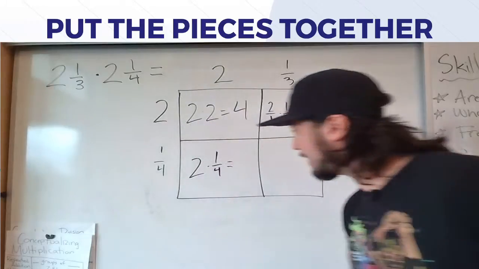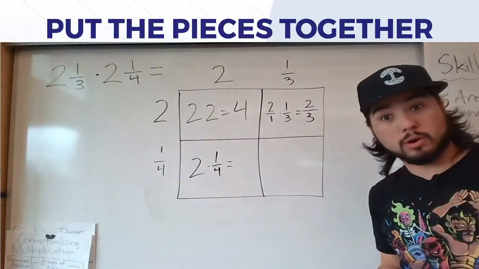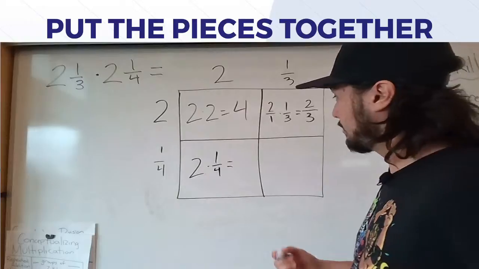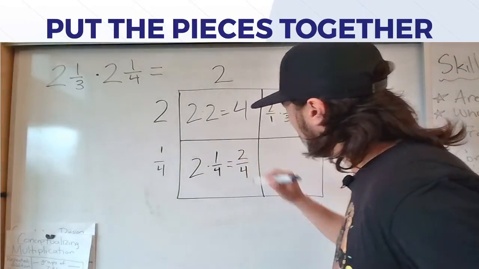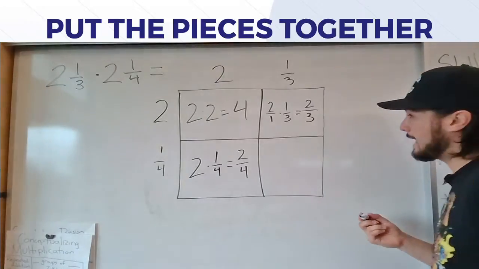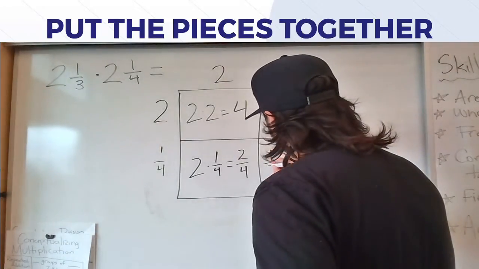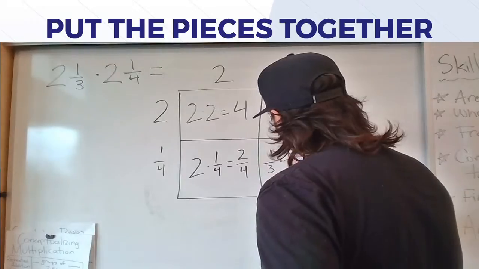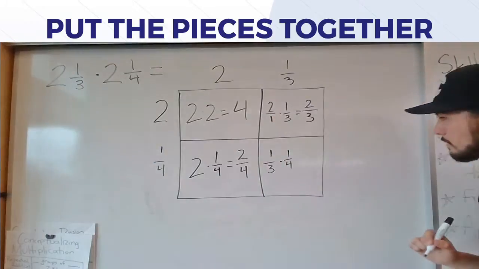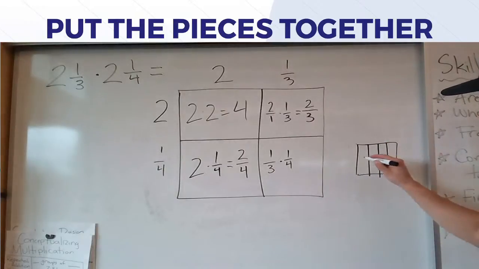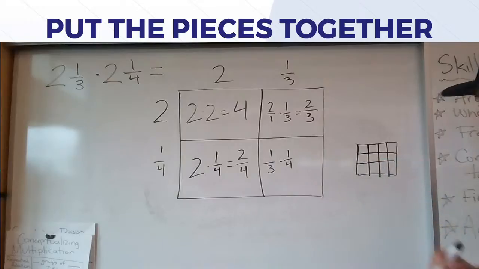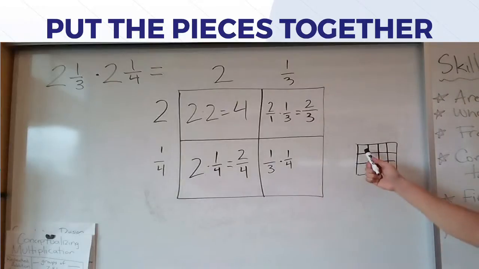Another way you can think about it is 1/4 plus 1/4, or 1/4 two times. 1/4 plus 1/4 is 2/4. And lastly, 1/3 times 1/4. This is where we're separating one section into fourths, one section into thirds. How many do we have?